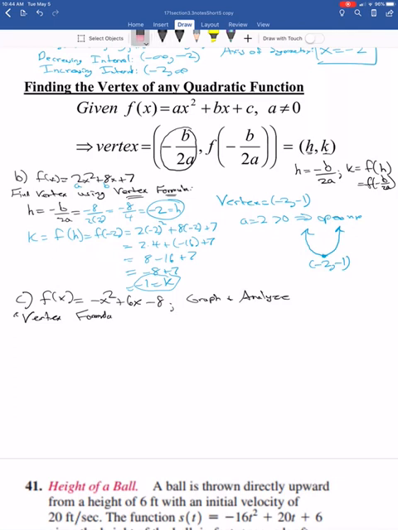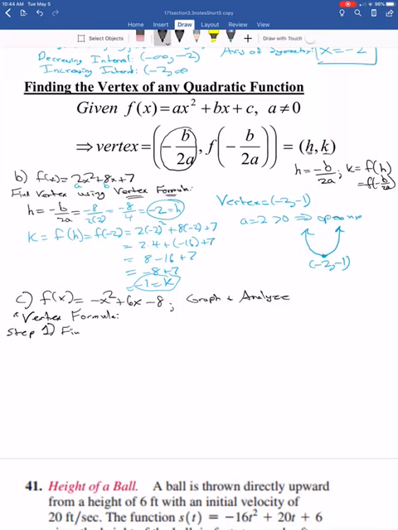Make it quick and easy. Now we've gone over the formula, make this easy to work with. Now with that said, let's go ahead and find the vertex. That's step one always, right? Get that vertex. Once you have that vertex, you'll be ready to graph it.